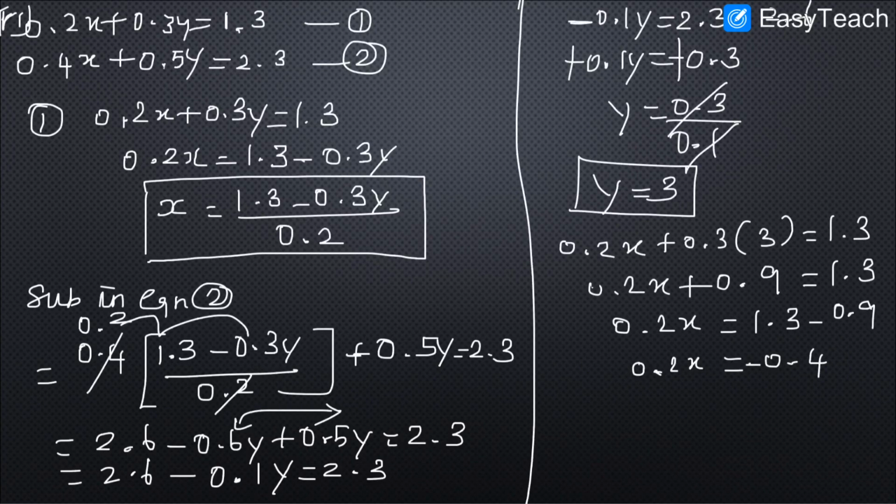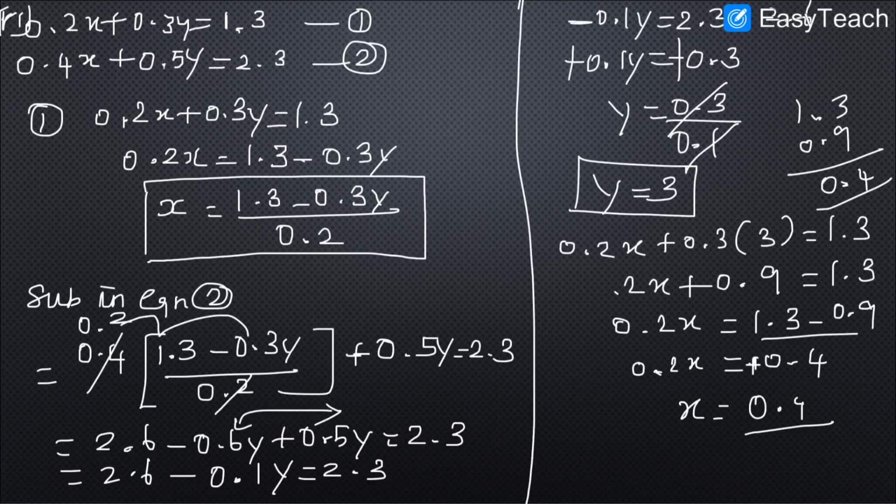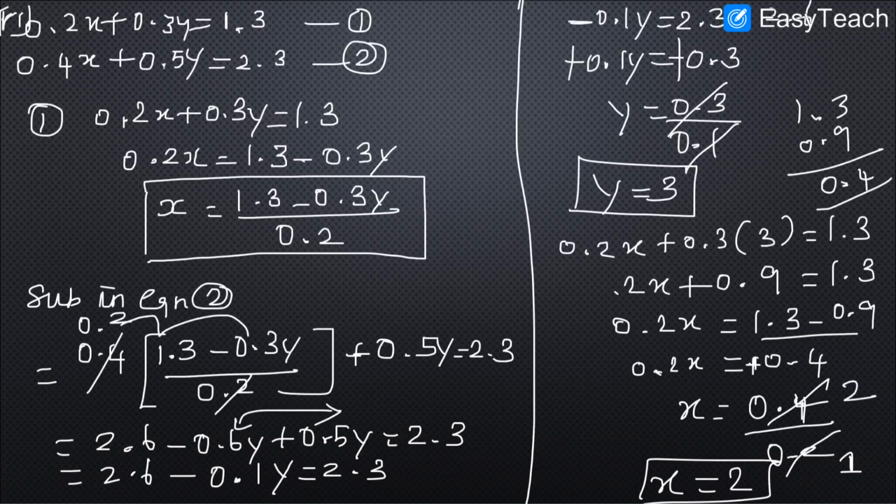I subtract these two, 1.3 and 0.9, which gives me 0.4. Then x equals 0.4 divided by 0.2. If I reduce it, x equals 2. So 2 times 0.2 is 0.4. So x equals 2.